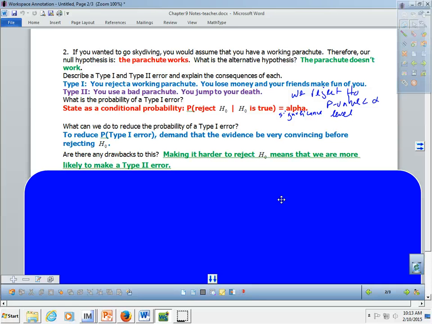If the p-value has to be under that alpha to reject H0, then obviously any p-value above that alpha is going to fail to reject. So if we make it harder to reject H0, that means that we're making it more likely to make a type 2 error. There's that push and pull that I was talking about before. So there are some consequences to doing that.